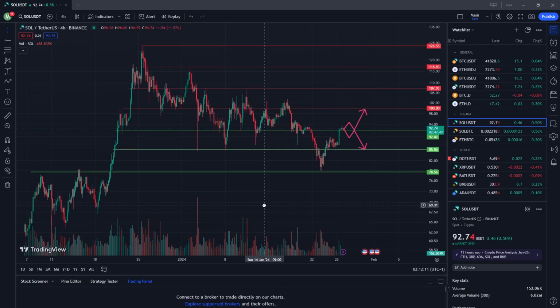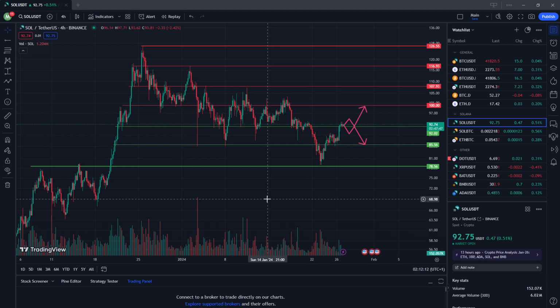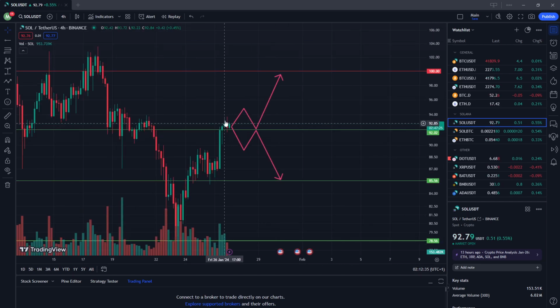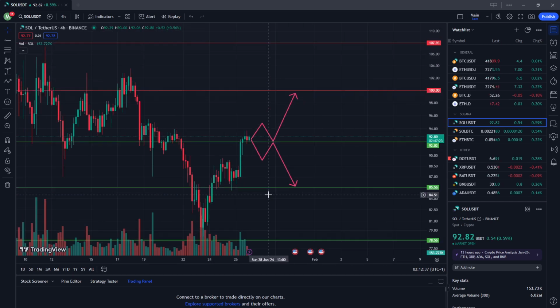But yeah, this is basically a little bit of an introduction to your resistance and support lines, which are one of the most basic indicators that you can make for yourself to understand the graph more. And of course they don't work all of the time, but again, as I said in the last video, all the indicators combined make your opinion or your response. So I already told you about the candles, which I kind of used already a lot in this video.